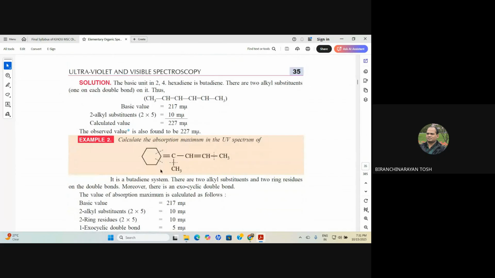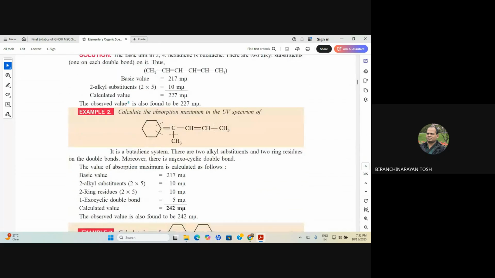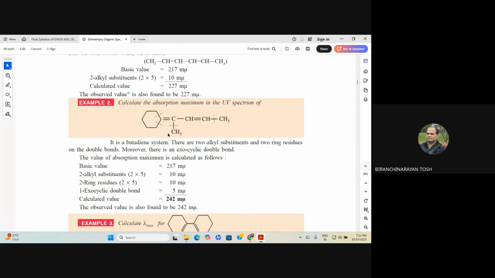And for this compound, now let us see what is there. It is a butadiene system. There are 2 alkyl substituents and 2 ring residues, 2 ring residues on the double bond.